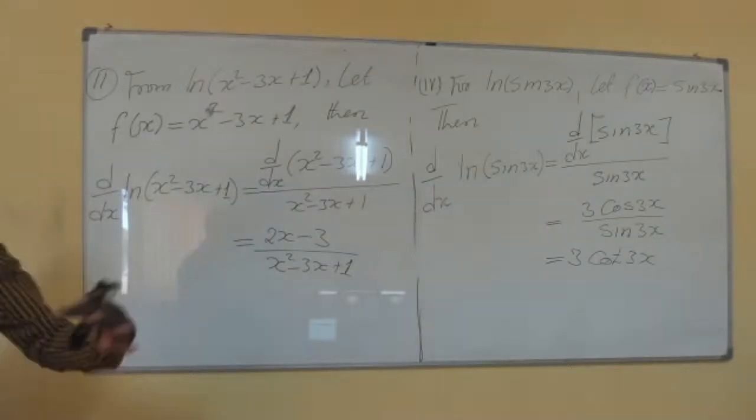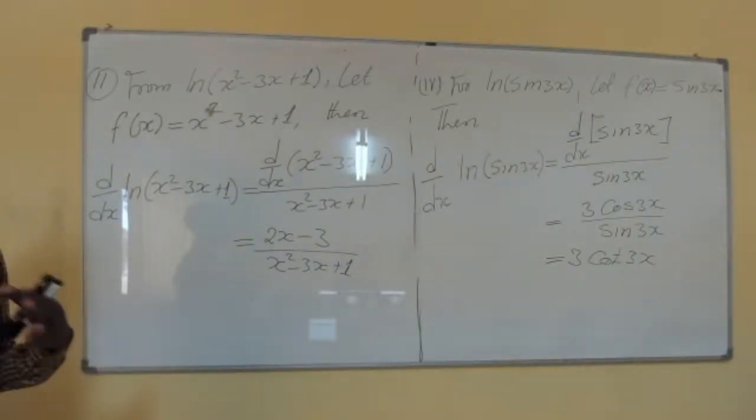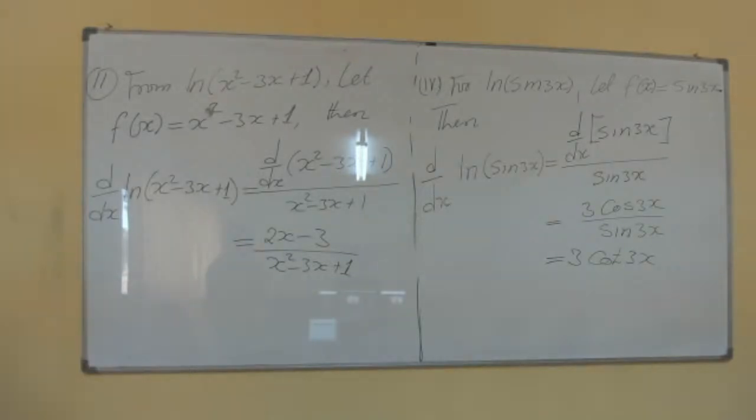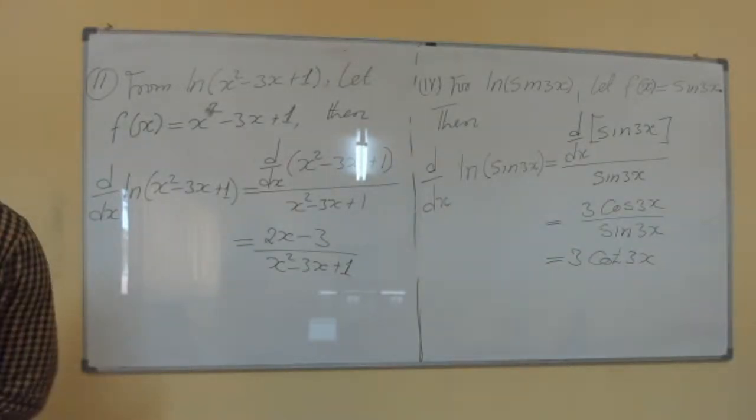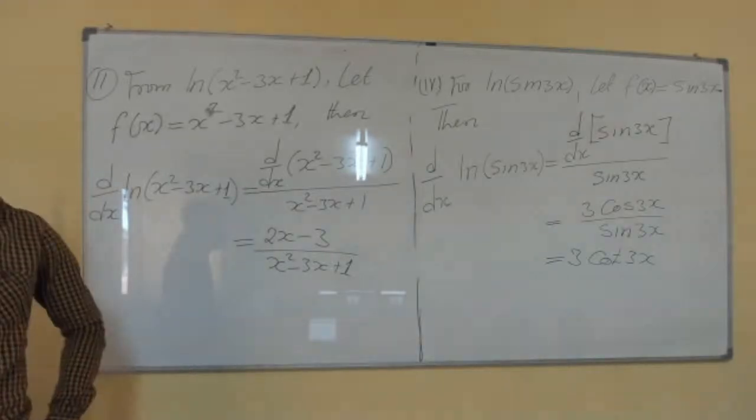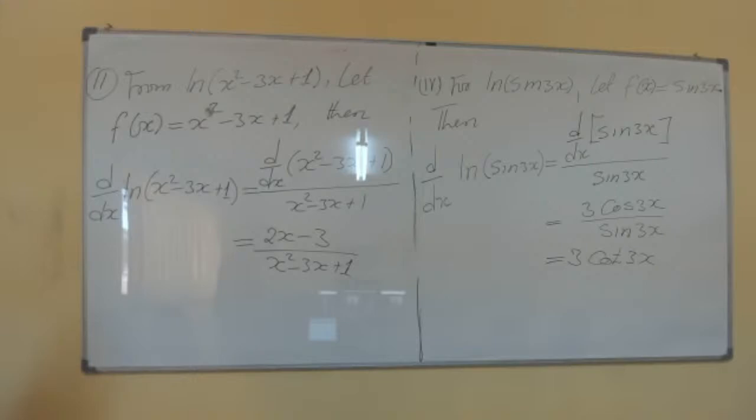So cot 3 theta will be equal to the cosine of 3 theta divided by the sine of 3 theta. Okay, having solved those questions, you can also find certain questions like example number 33 after 32.